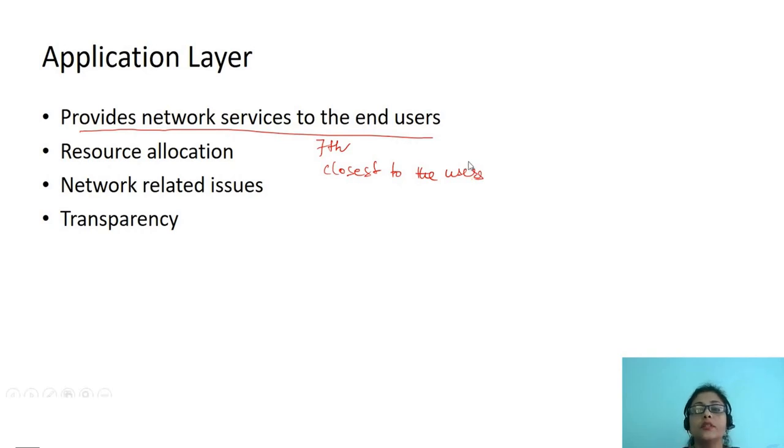So the users can directly connect with the softwares, or we can see the software applications in this layer of the OSI model. This layer is also responsible for resource allocation, and it solves various network related issues including transparency.